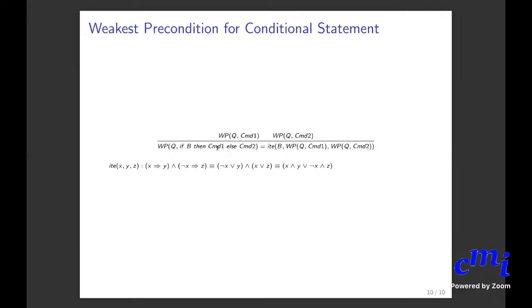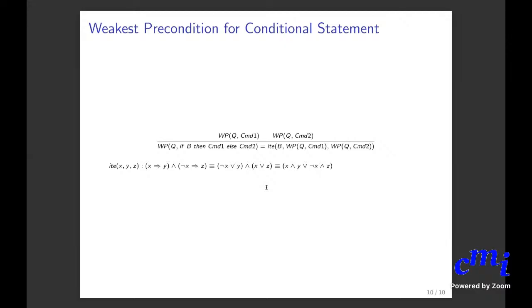Then the weakest precondition for the if then else statement, where command 1 and command 2 appear as the then and else arms, is exactly this conditional formula, which is what we used. And that's another way to conduct the proof.